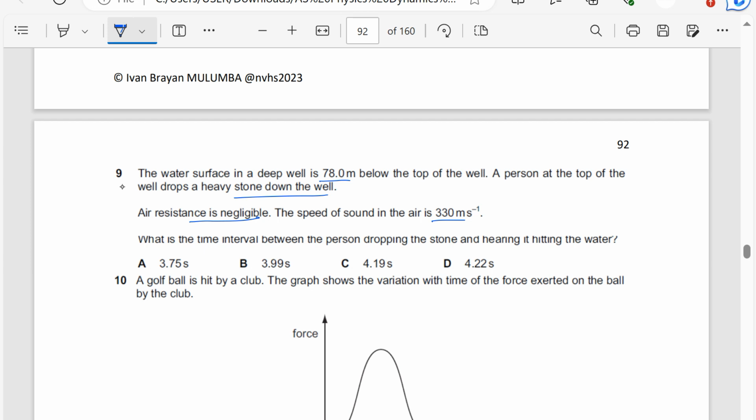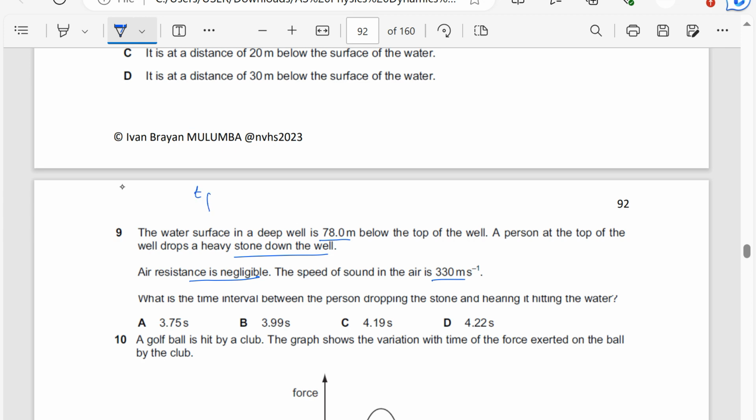So let's first of all find the time it takes to fall to the bottom of the well. Time falling, of course, I'll use S equals UT plus a half AT squared. So it falls a distance of 78 meters.